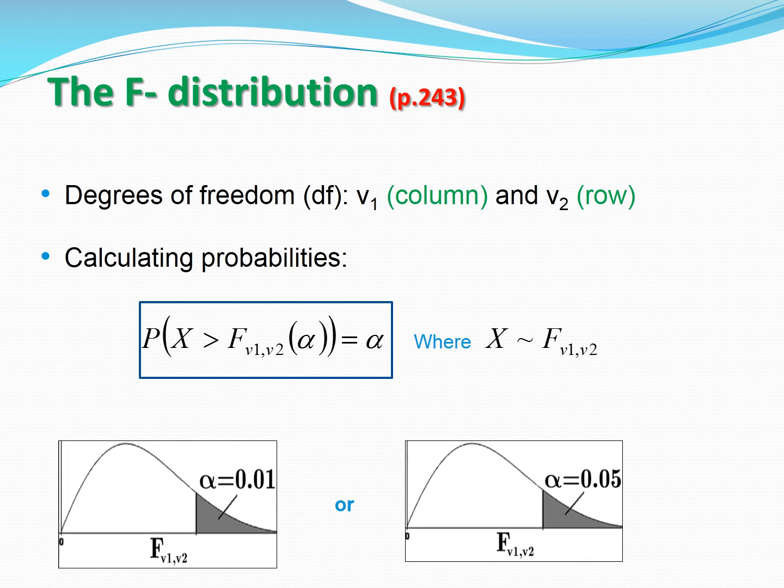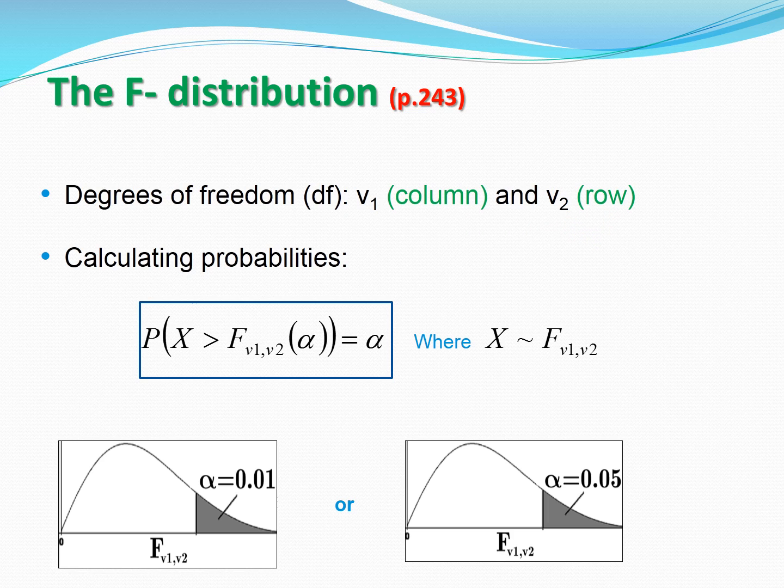The last distribution is the F distribution then, and the F distribution also has a positively skewed probability density function, but our F table works with 2 degrees of freedom. V1 is the column that we are going to use in our F table, and V2 gives us the row.